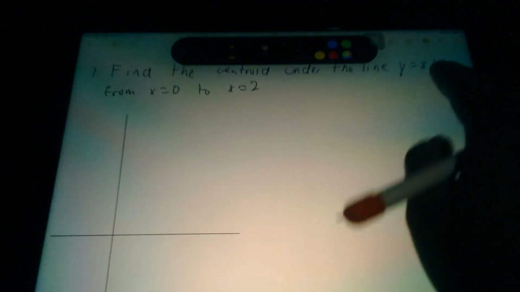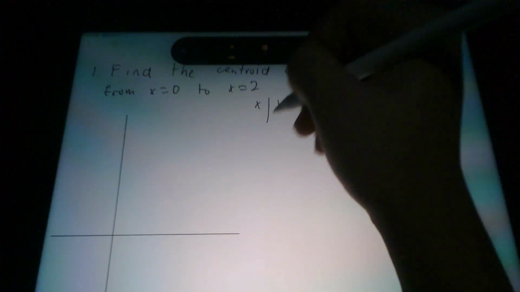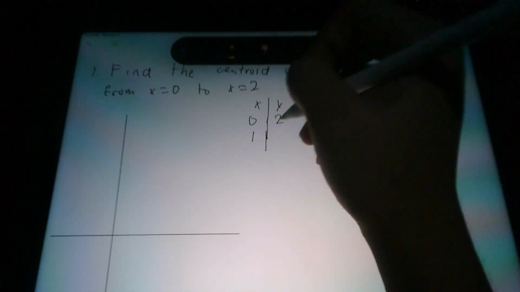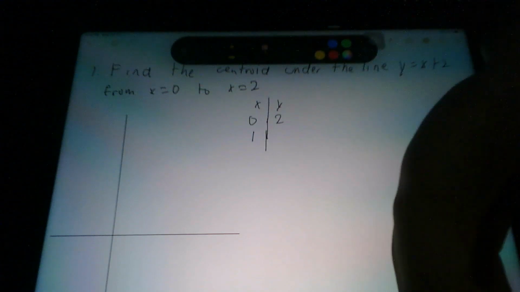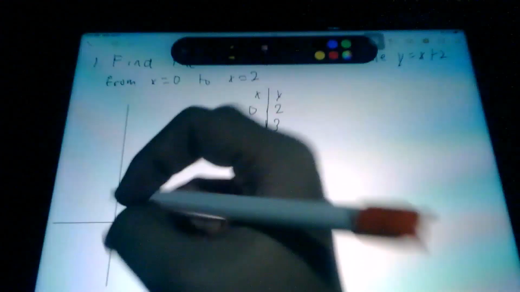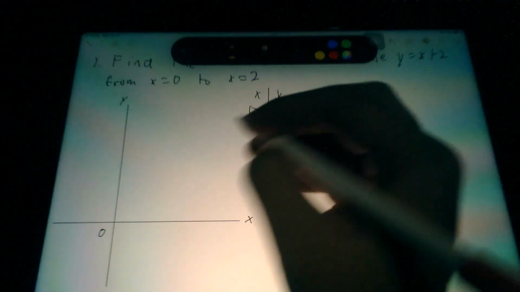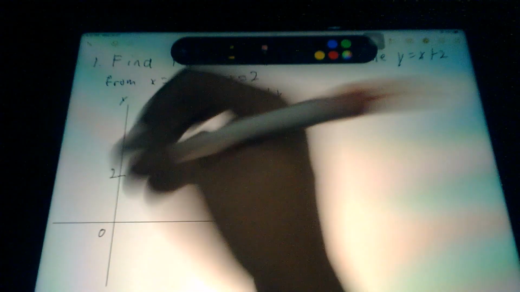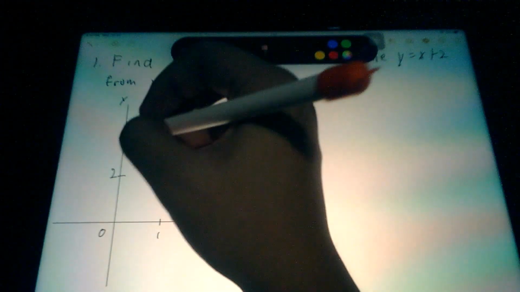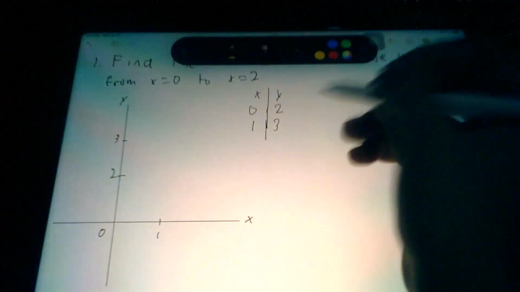So how to find the line here? It's simple, just by using the tabular method. If x equals 0, our y is 2. If x equals 1, our y here becomes 3. So let's input these values. This is our x axis. If x equals 0, this is 2, and if x equals 1, our y is 3.